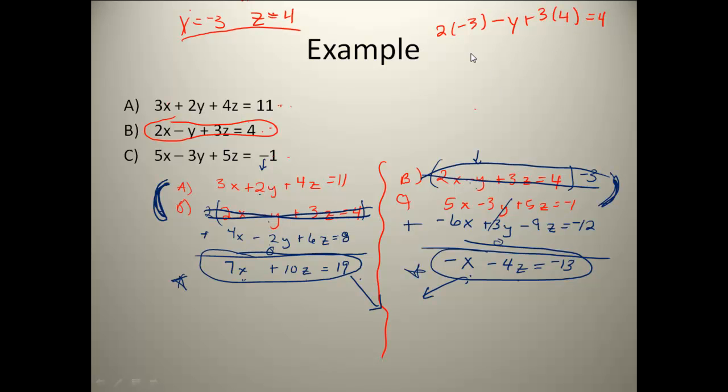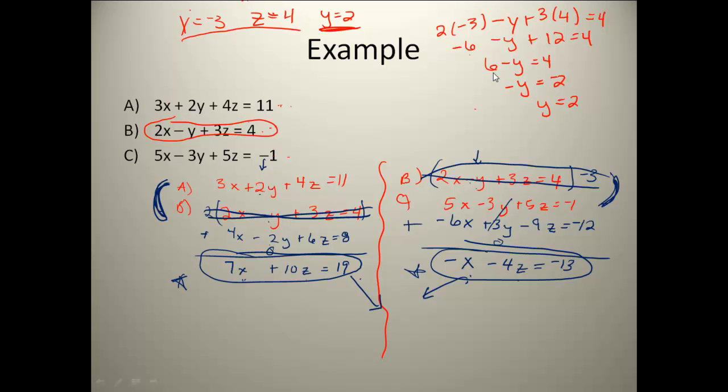I'm just going to substitute my x and my z value in so I can solve it for y. So I have negative 6 minus y plus 12 is equal to 4. Combine my like terms, so negative 6 plus 12 is 6. So I have 6 minus y is equal to 4. Subtract 6 over to the other side, so I have negative y is equal to negative 2. Divide by negative 1, and I get y is equal to 2.